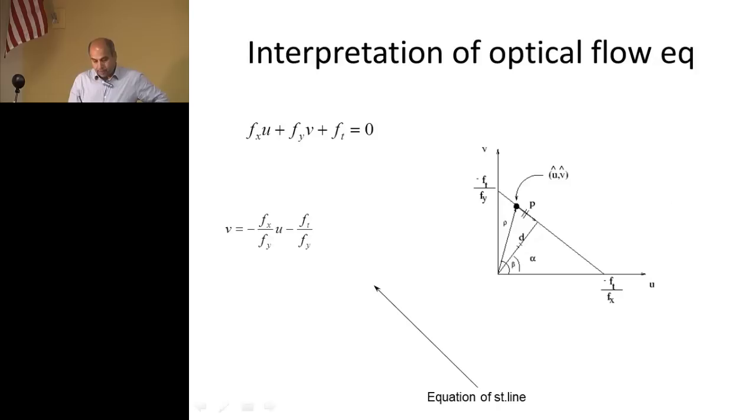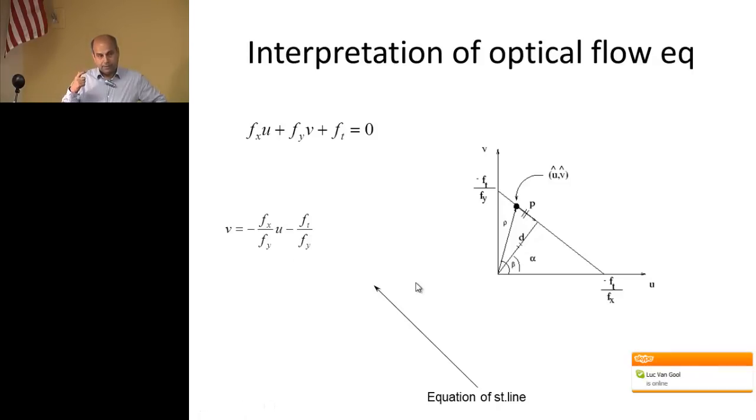Okay, so now let's say the true optical flow was u star, v star. This equation of a straight line tells you that we don't know precisely what the optical flow is because it's under constrained.